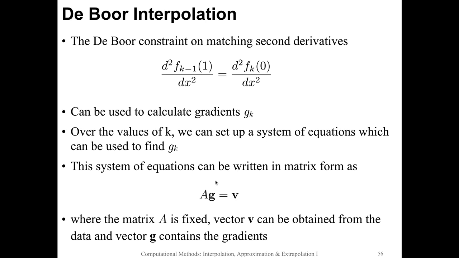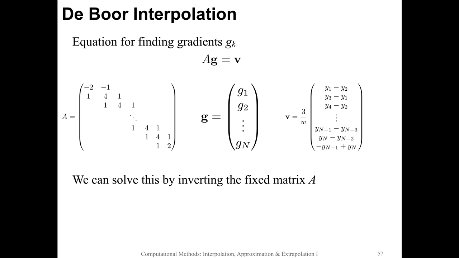And this system of equations can be written in matrix form, as we've seen before. So there'll be a matrix A, a vector containing all of our gradients here, shown as G, and a vector V that is defined based on the actual data that we've seen, the measured y values that we've observed for our data. And that's shown on the next slide here.